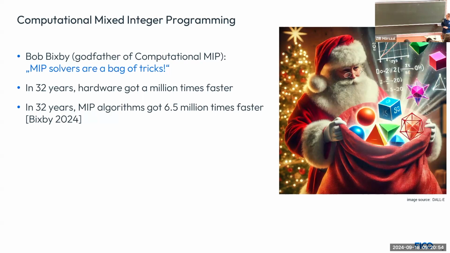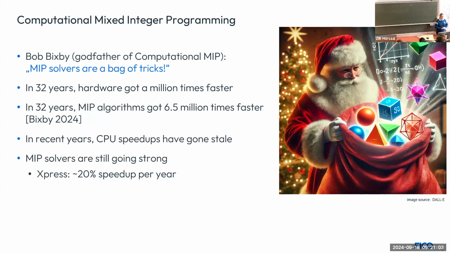And since these are completely orthogonal developments, you can essentially just multiply them together and get an impressive speedup. On top of that, CPU speedups in a certain sense have faded out over the past decade already.